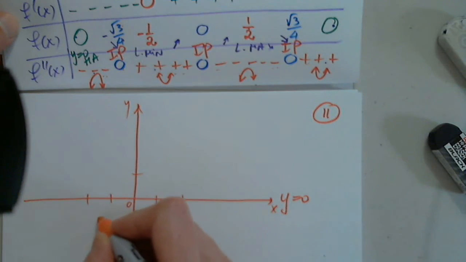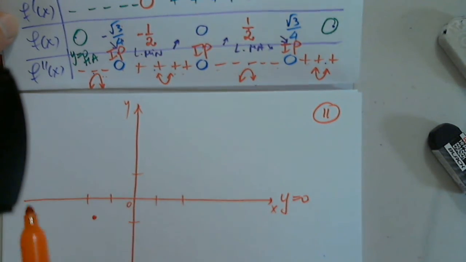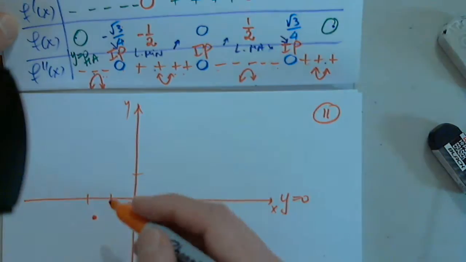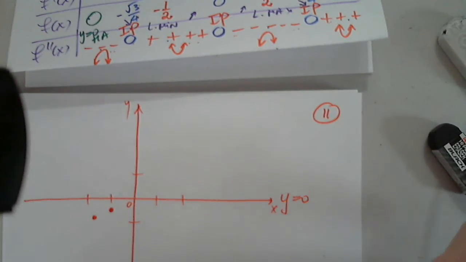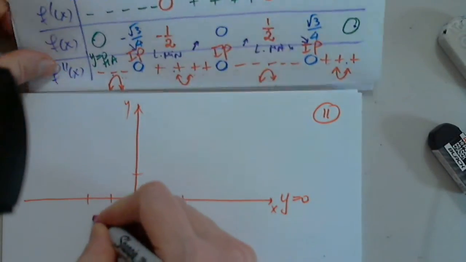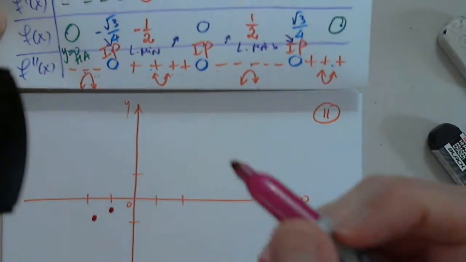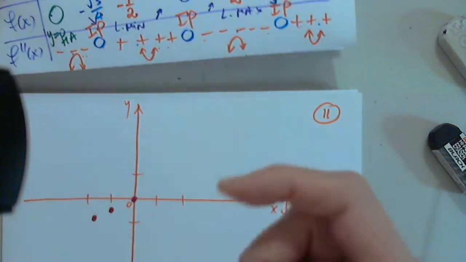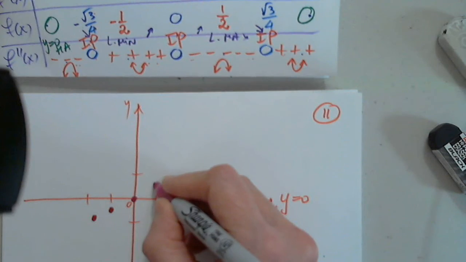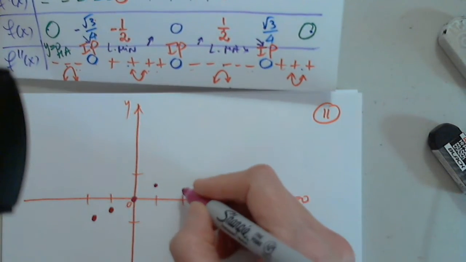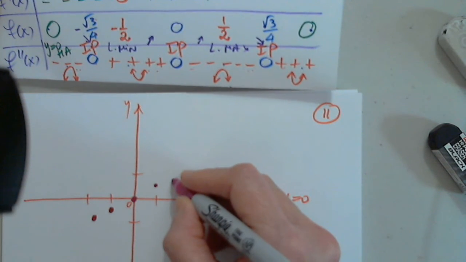So somewhere here. I'm plotting the points first. -1, -1/2. Or maybe I should use a different color. Okay, 0, 0. And of course, we should talk about the symmetry, but that's okay for now. And this is somewhere here.